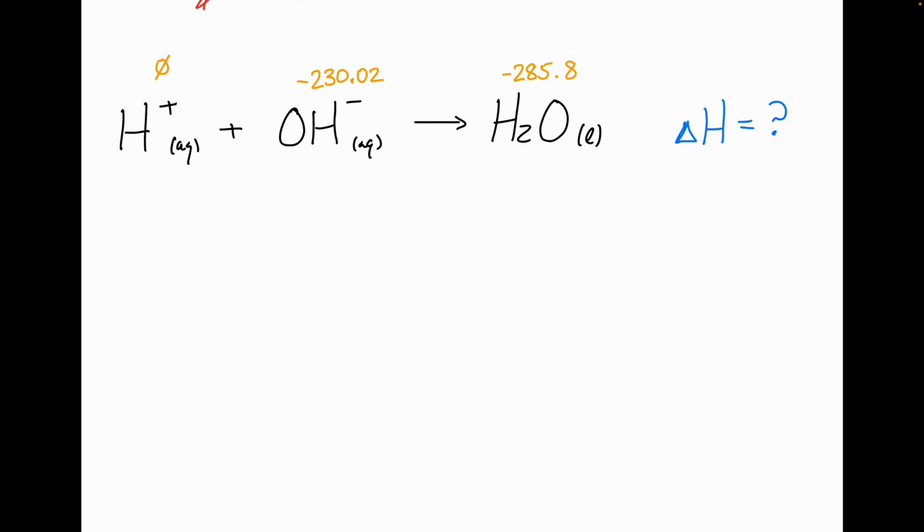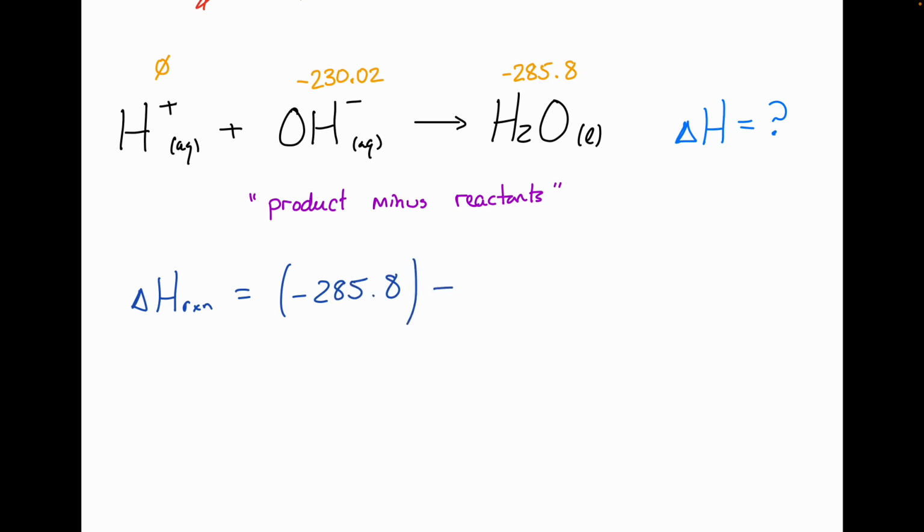All right. And again, now we're back to our standard enthalpies, so let's not get confused here. We always chant to ourselves, products minus reactants. So my delta H of this reaction is going to be that negative 285.8 minus my sum of my reactants.